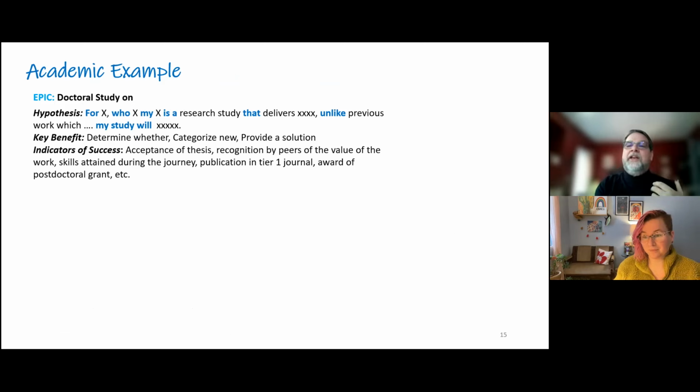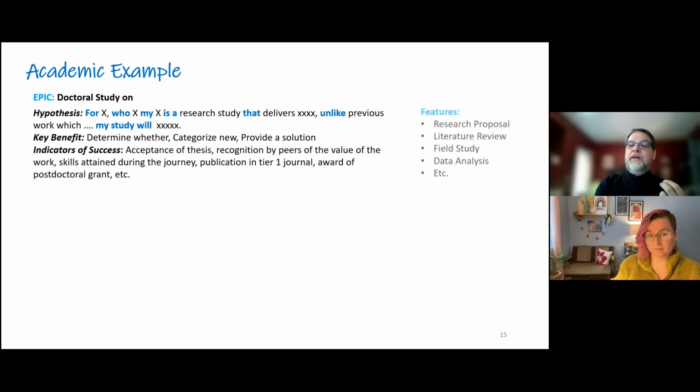The indicators of success could be acceptance of a thesis, recognition by peers of the value of your work, skills attained during the journey, publication in a tier 1 journal, award of a postdoctoral grant. You need to know why this big idea is important and what the payoff and the desired benefits are.